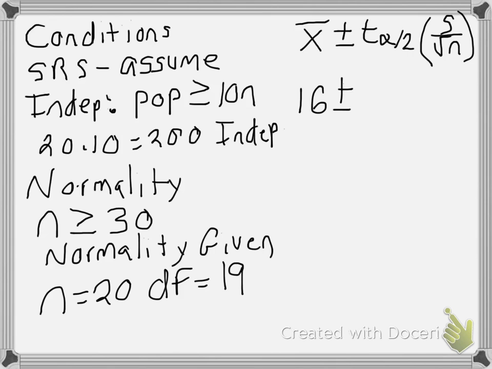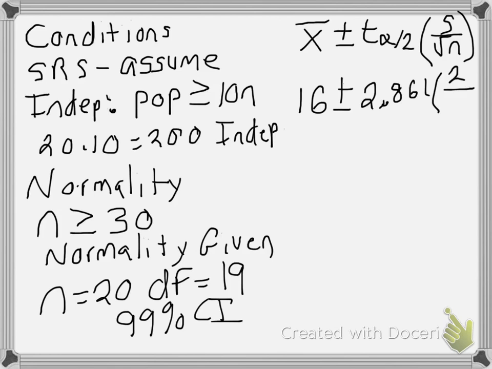And we wanted to do a 99% confidence interval according to the problem. So we go to 99% and we go to 19, and what do you find there? 2.861. And then S was given to us, was 2. And don't forget, this is the square root of n, so this is the square root of 20.